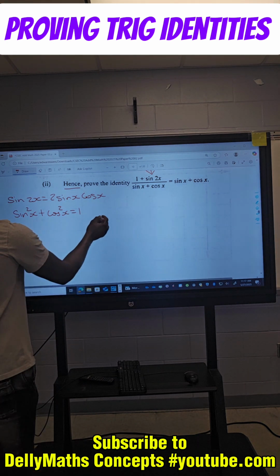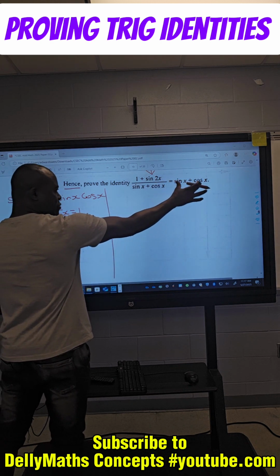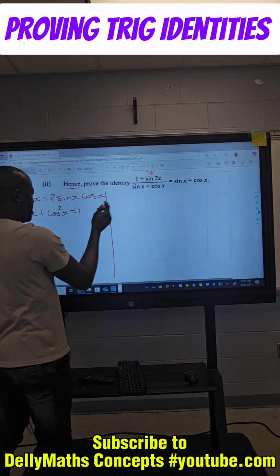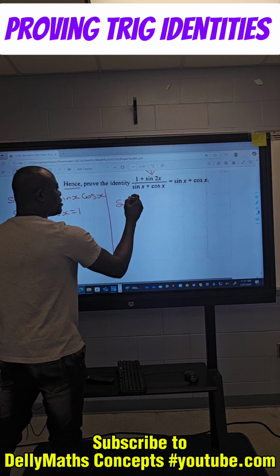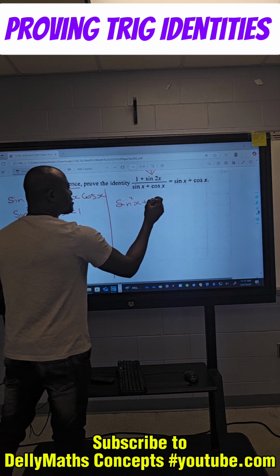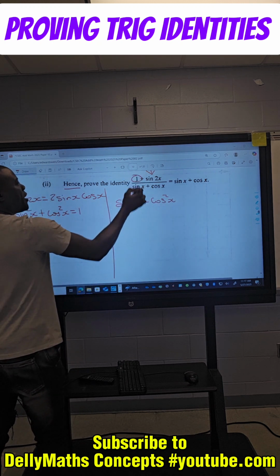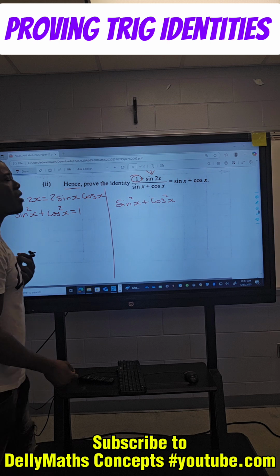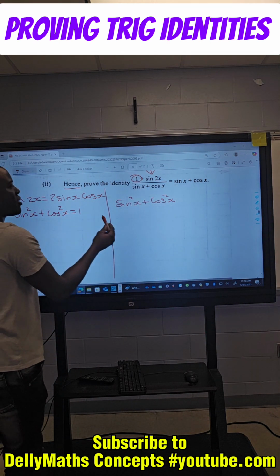So we could start our substitution here. But remember, I'm going to use my left side to prove this right side. So I'm going to substitute 1 here with sine squared x plus cos squared x. Also, instead of writing sine 2x, I'm going to have 2 sine x cos x.